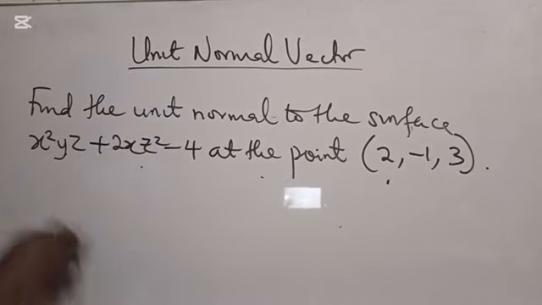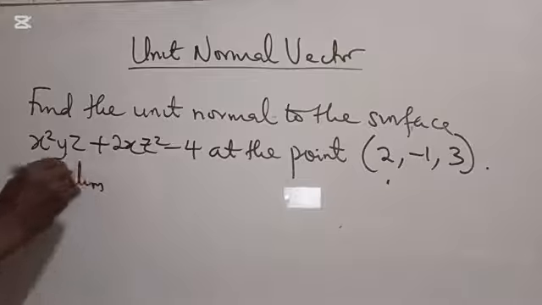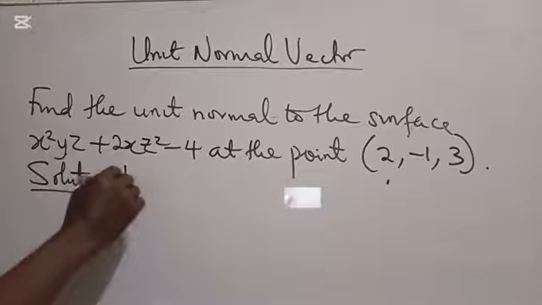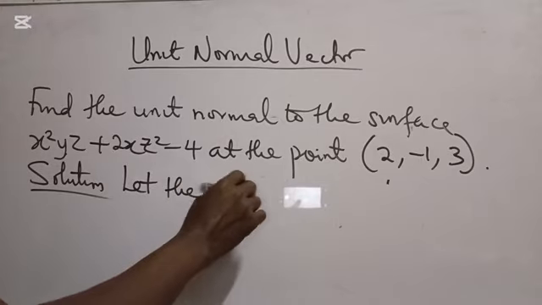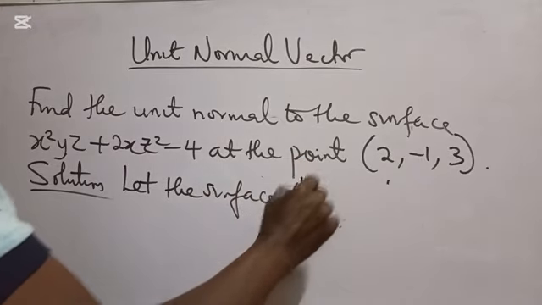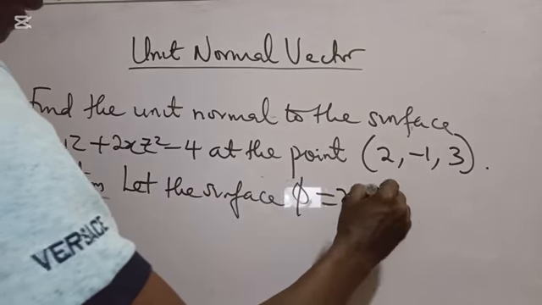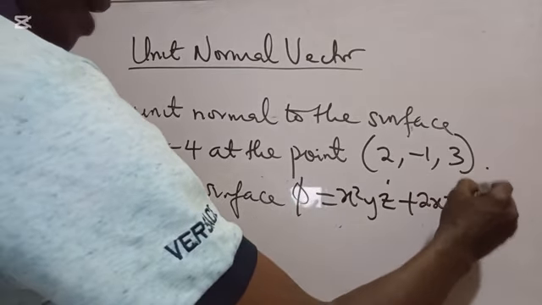Let's look at how this problem will be solved. Let us define the surface using the parameter phi. Let the surface phi be given by x squared yz plus 2xz squared minus 4.